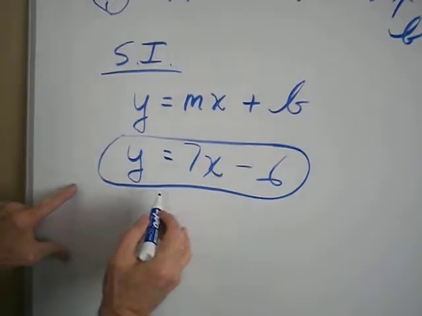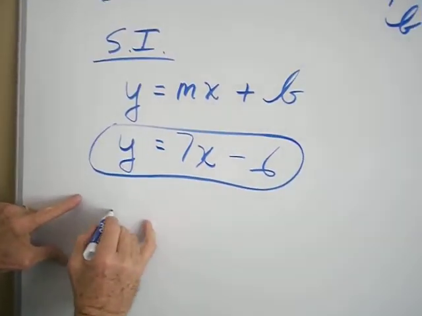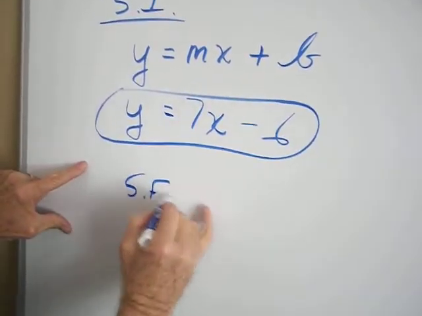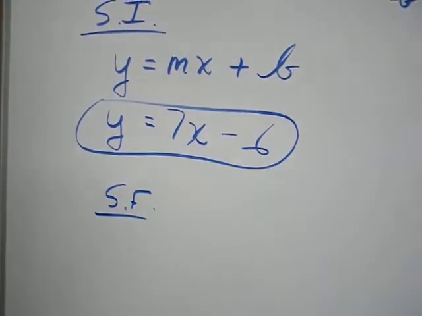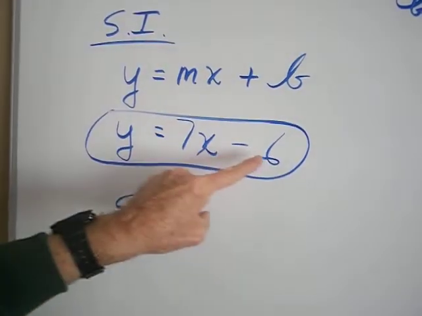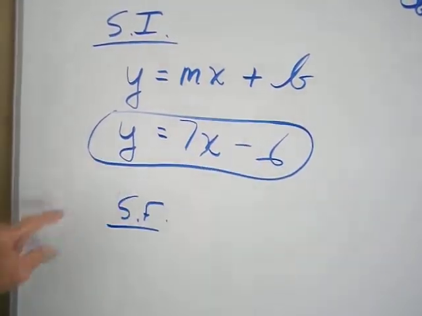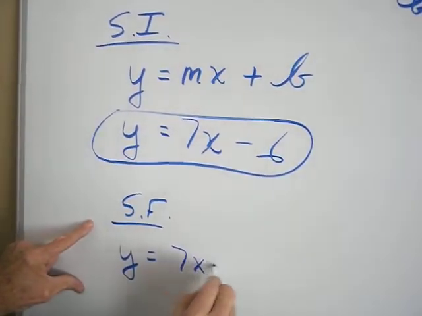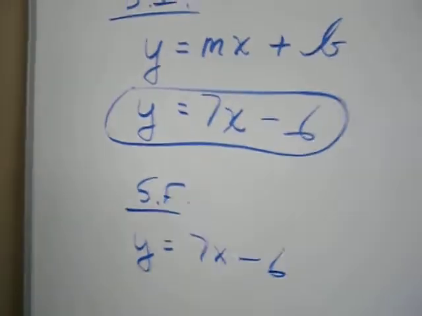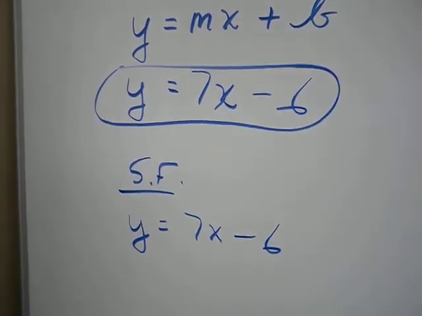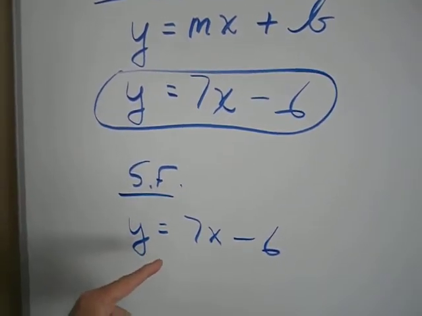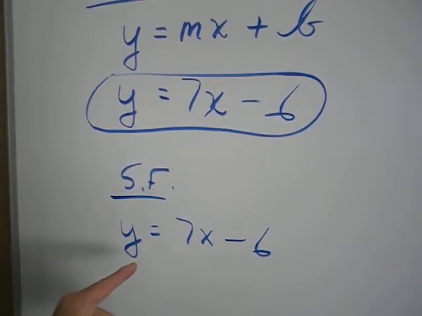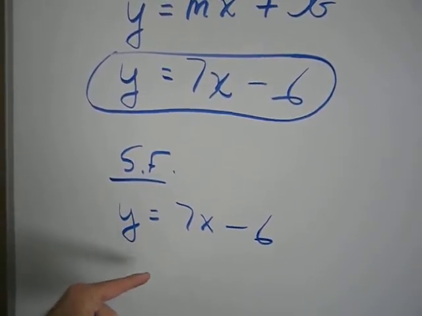Now we're going to write the equation in standard form. So I'll put the caption there. We're going to bring down this equation first because this is where we're at. Now we go back and we identify standard form. In standard form, the x and the y terms must be on the same side.